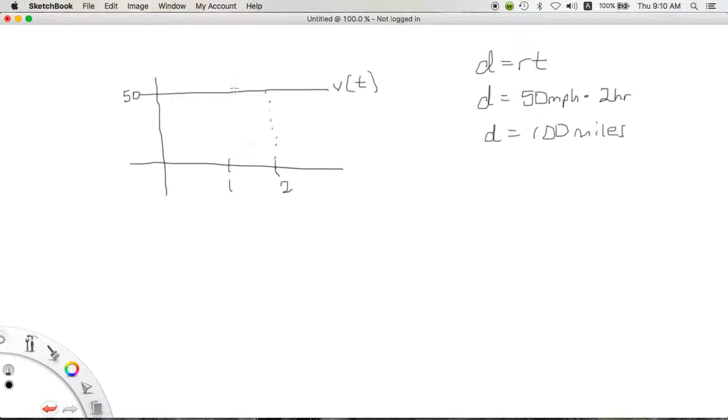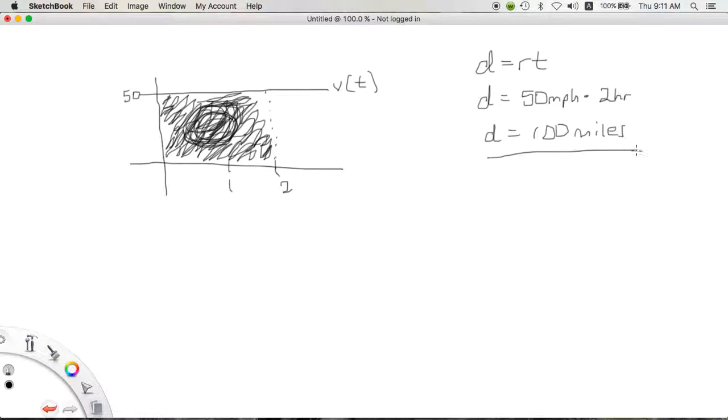But if you look at the graph, notice the area under this curve from 0 to 2, what is it? Well, this is a rectangle, and we know that a rectangle is length times width to find its area. So its length is 50 and its width is 2. So 50 times 2. So the area under this curve along this space gives us its total distance.